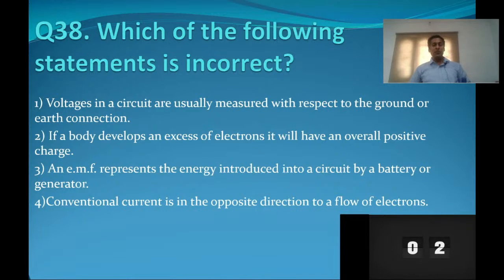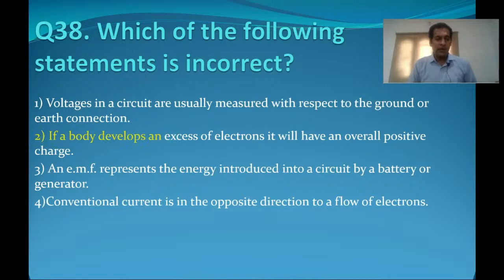Voltages in a circuit are usually measured with respect to the ground or earth connection. Is it correct? If a body develops an excess of free electrons, it will have an overall positive charge. Is it correct? What is the charge on electrons? Your time ends now. The answer is, if a body develops an excess of electrons, it will have an overall negative charge, not positive, because electrons are negatively charged particles.